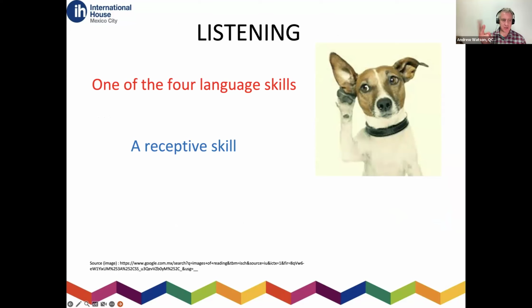But there's a link between the two oral skills, listening and speaking, as there is a link between reading and writing, the two skills that are linked with the written message, the written mode, as we sometimes call it, right? And it involves making sense of the meaningful sounds of language.